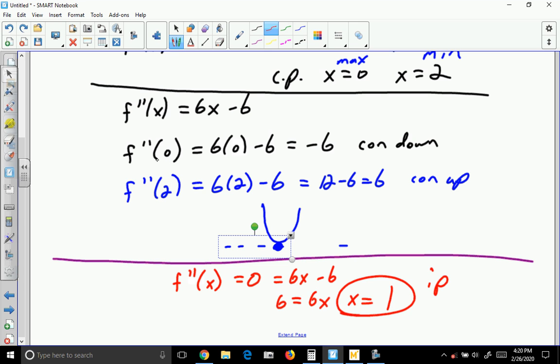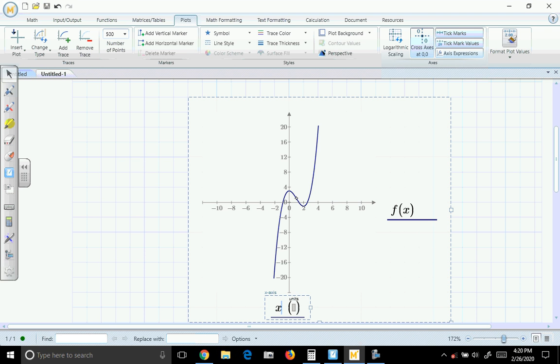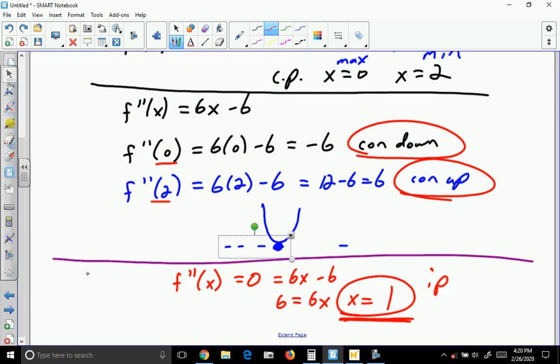And since at x equals 0 we are concave down, and at x equals 2 we are concave up, we did change concavity from the left side to the right side of this value, so that is an inflection point. So x equals 1 is here, concave down on the left, concave up on the right. So yes, 1 is an inflection point. So let's look at one more example.